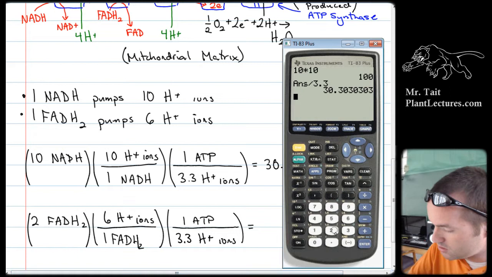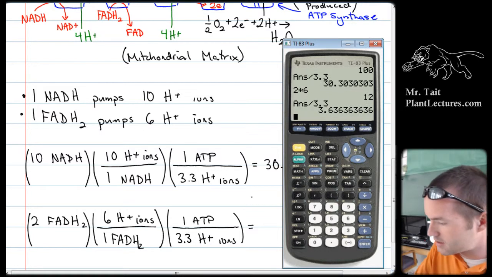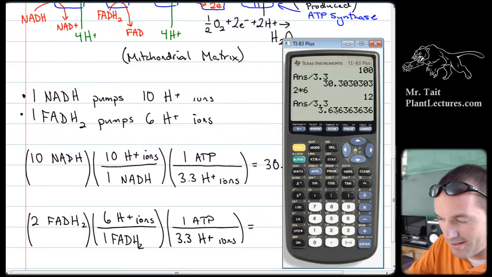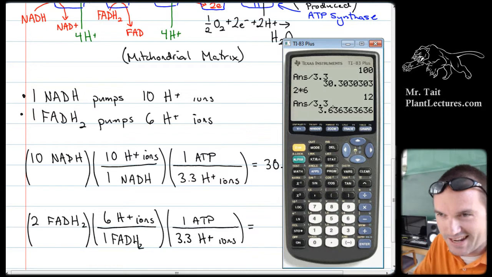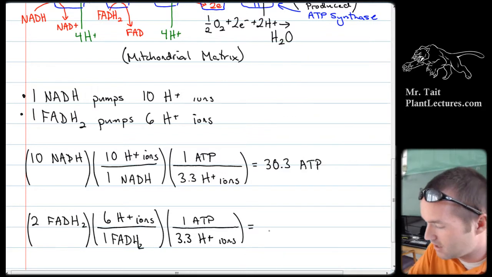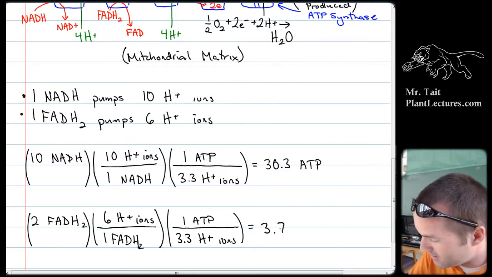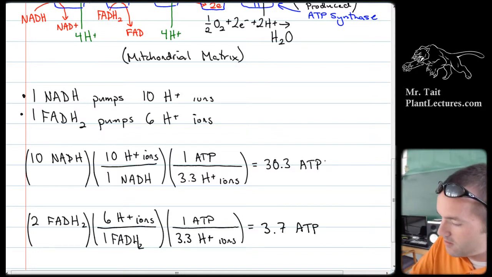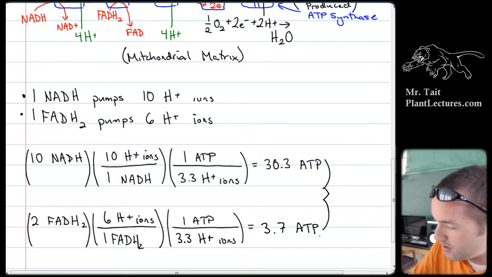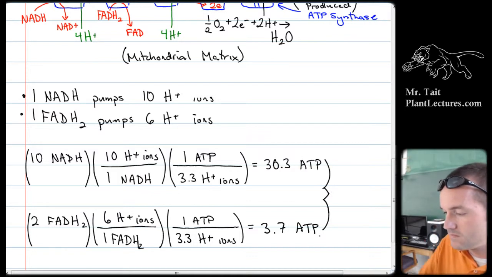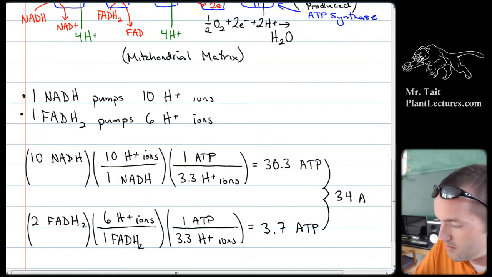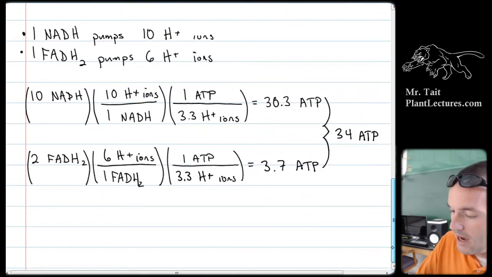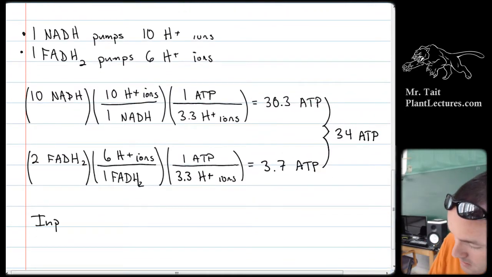Then we'll say 2 times 6 divided by 3.3. And that's, we'll call it 3.7 to make our life easier, even though that's not going to be exact. You can't have point something ATP. So we'll say that's 3.7 ATP. Okay. So together, how many ATP are produced there? 34 ATP.